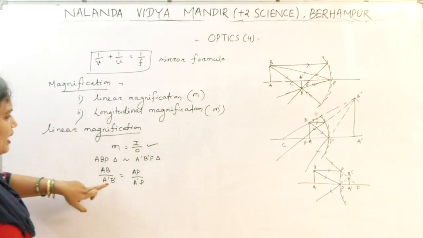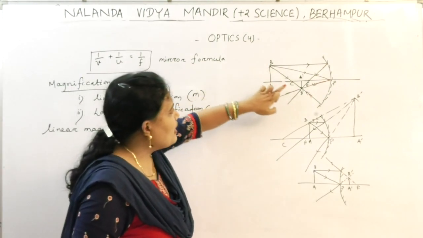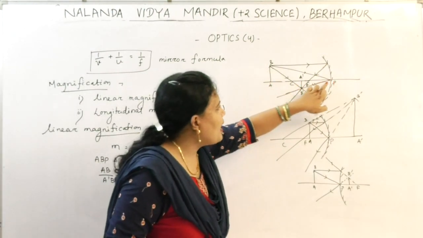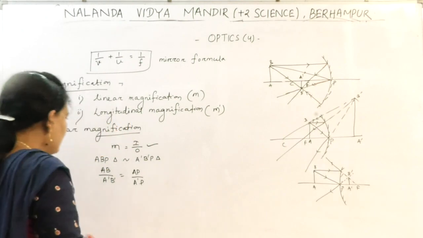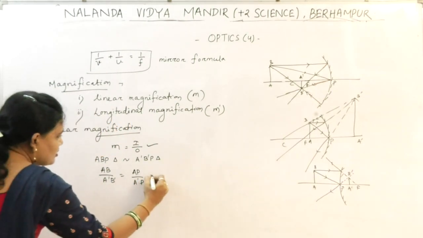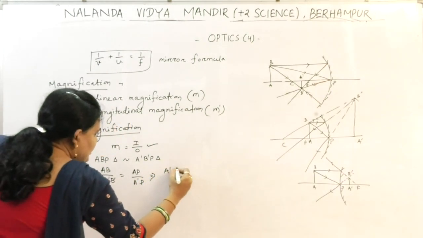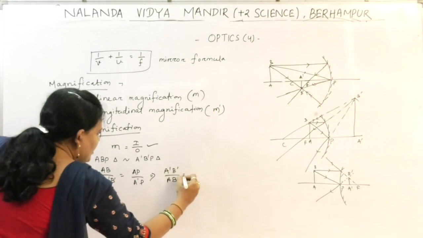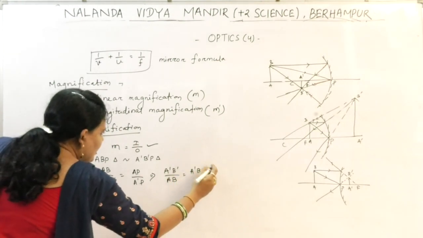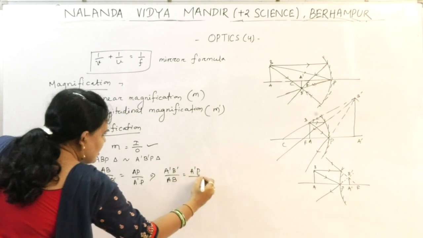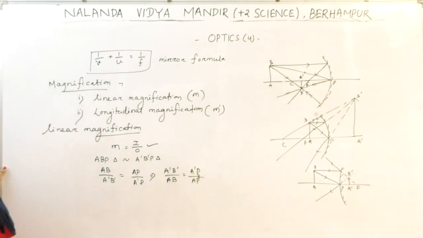That implies A dash B dash by AB equal to A dash P by AP. Okay. Now let us use the sign convention.